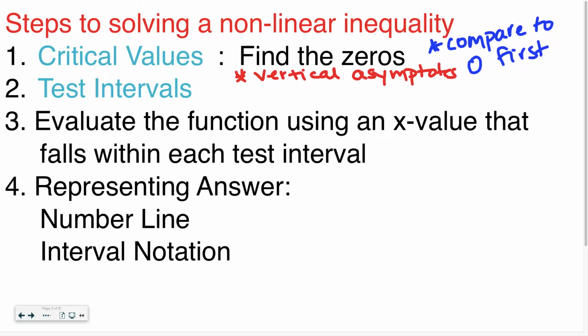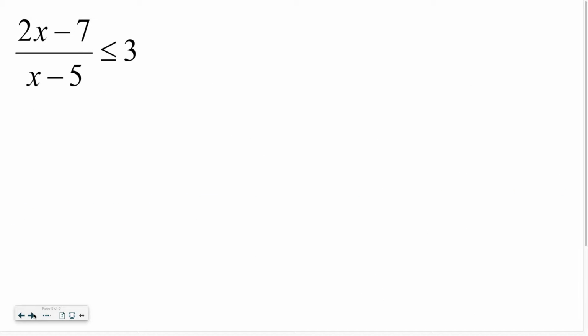Now, polynomials, their graphs are pretty quick to think about. Not necessarily rational graphs. So our method of testing intervals will be really important for our rational inequality. Please write this down.